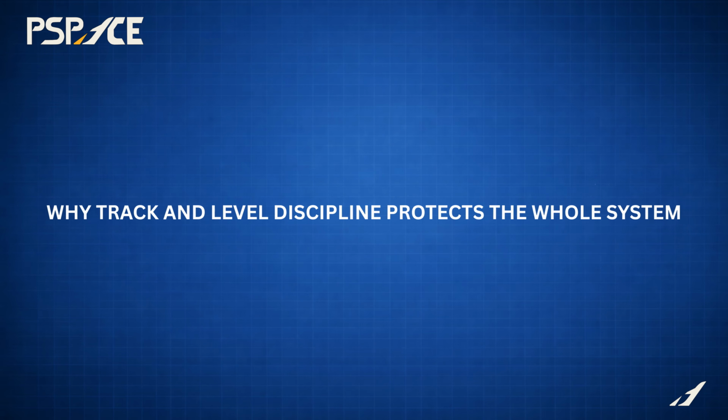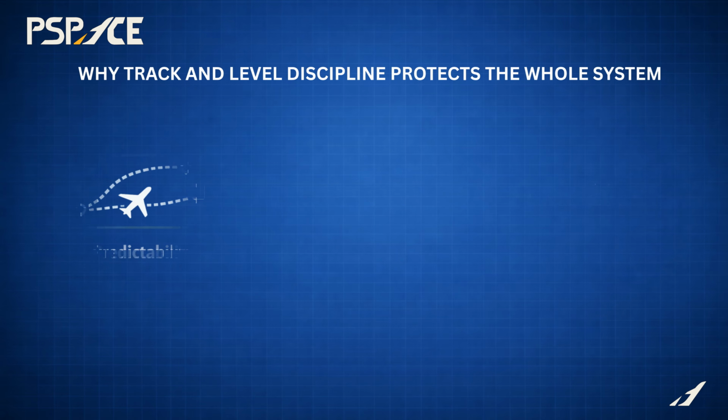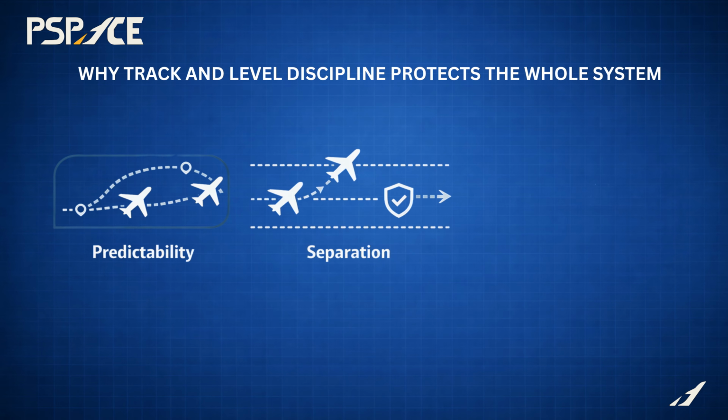It is useful to understand why the lesson places such strong emphasis on compliance with assigned track and level. In controlled airspace, ATS is not managing one aircraft in isolation. It is managing a system of intersecting routes, levels, sector boundaries, and future traffic interactions. One aircraft drifting from its expected path or level can therefore create effects well beyond its own cockpit.